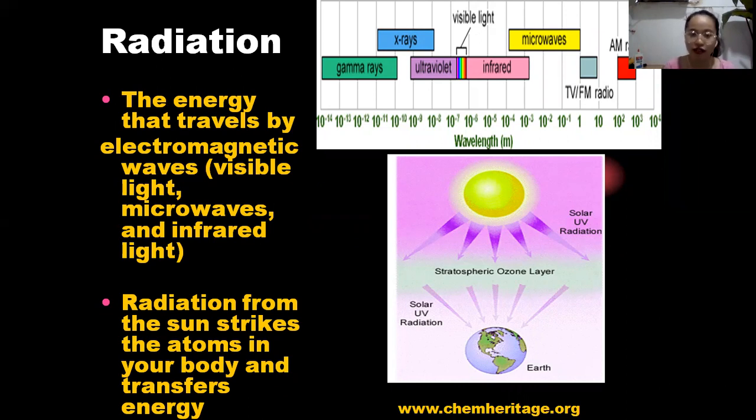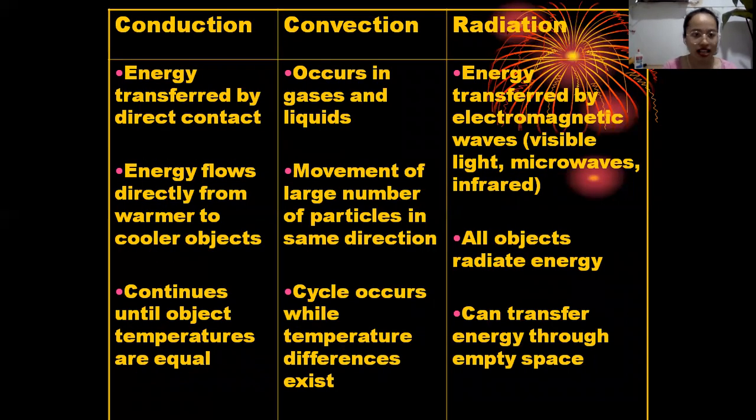Radiation from the sun strikes the atoms in your body and transfers energy. So these are the summary or the difference between the three. Again, conduction is transferred by direct contact, convection, of course, in gases and liquids, and radiation is transferred through electromagnetic waves.